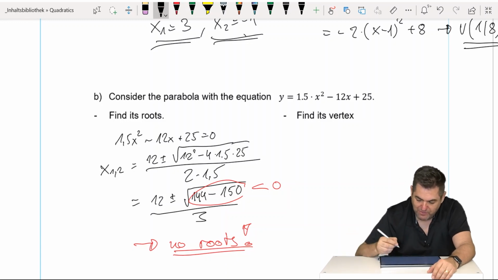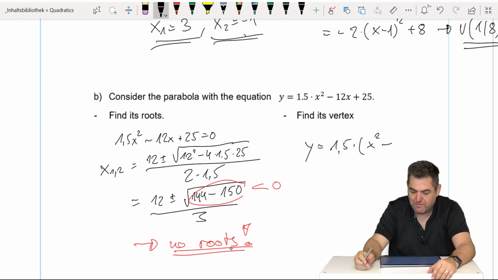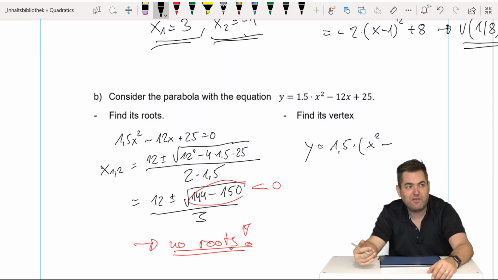First, let's get the vertex here. I factor out 1.5. If I want to divide 12 by 1.5, 1.5 is 3 halves. So I divide 12 by 3 halves. I divide by 3, multiply with 2, we get 8.